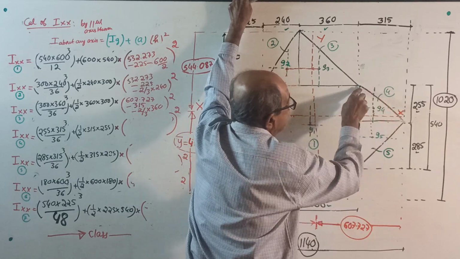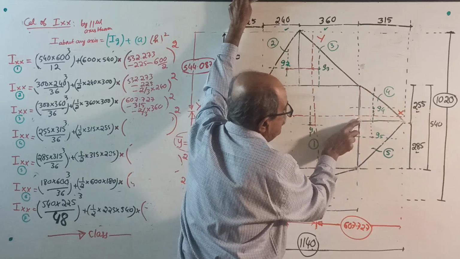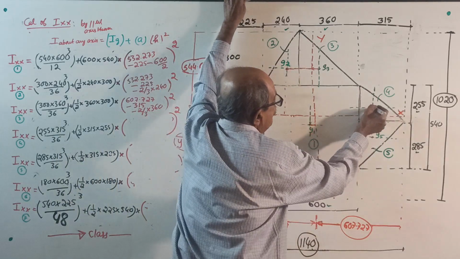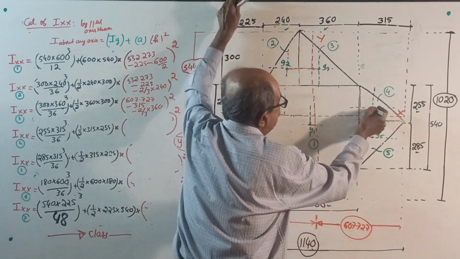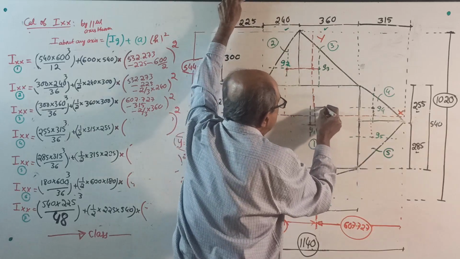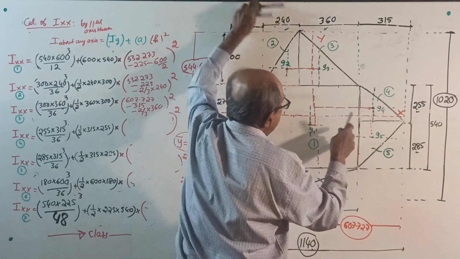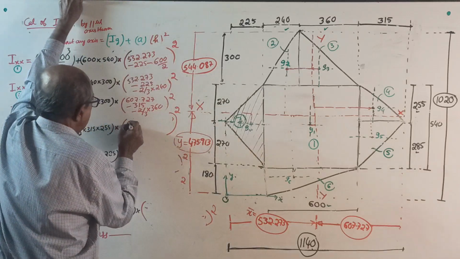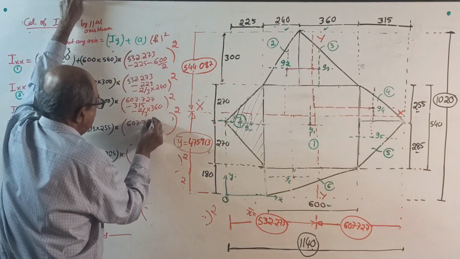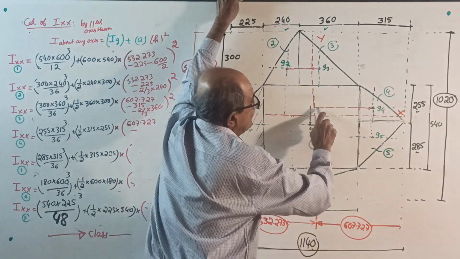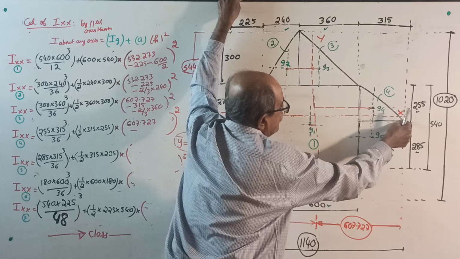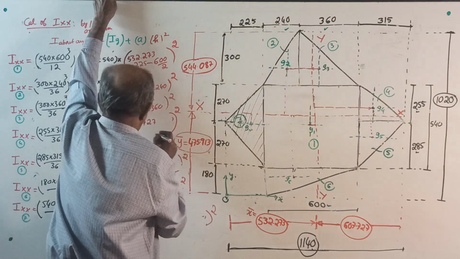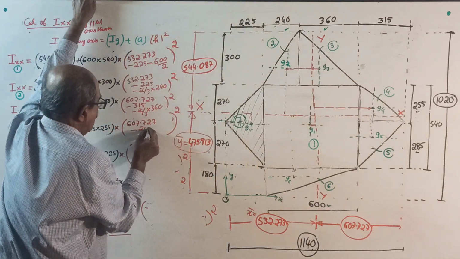See, parallel side 255. 255 into 315 cube by 36 plus area into, from centroid G4 to YY, see, this distance square. That is 607.727 minus, from here up to G4 is 2/3 of 315, minus 2/3 of 315.